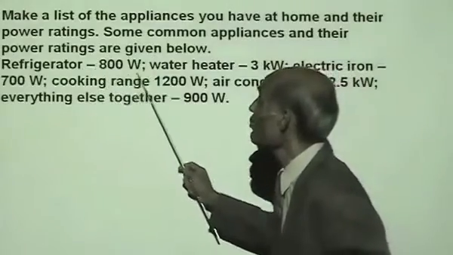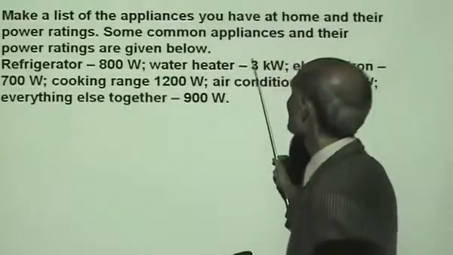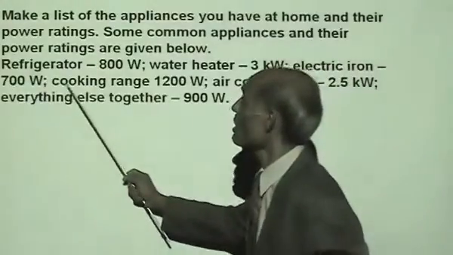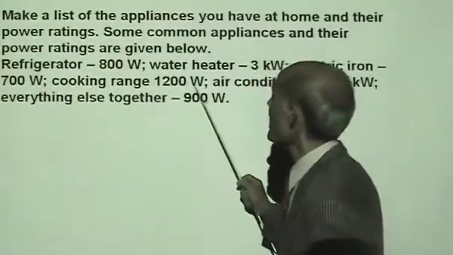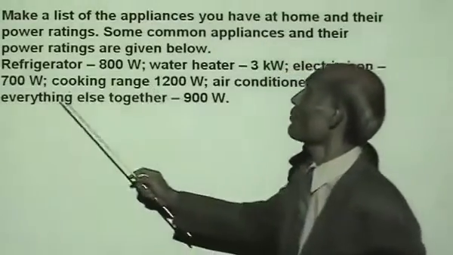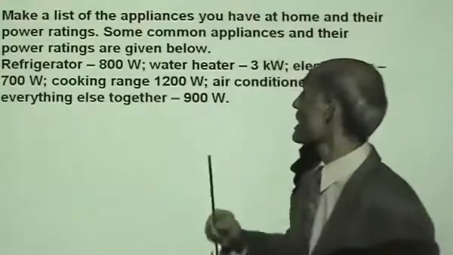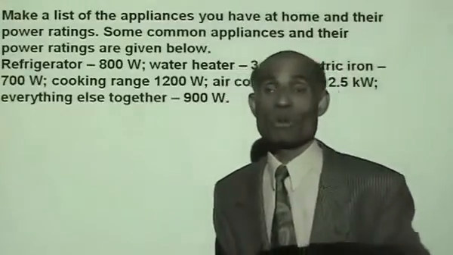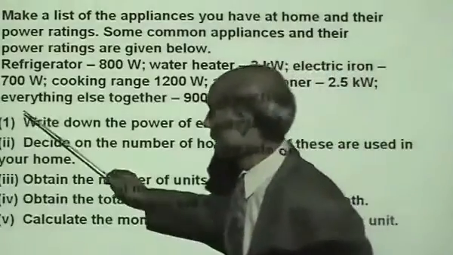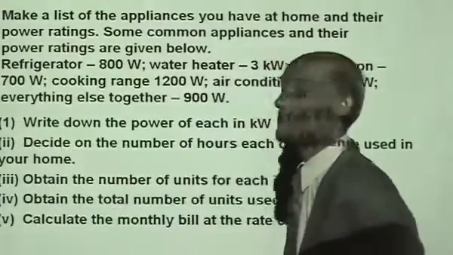Refrigerator 800 watt, water heater 3 kilowatt, electric iron 700 watt, cooking range 1200 watt, air conditioner 2.5 kilowatt, everything else together 900 watt. What I would like you to do is, I want you to follow these steps.